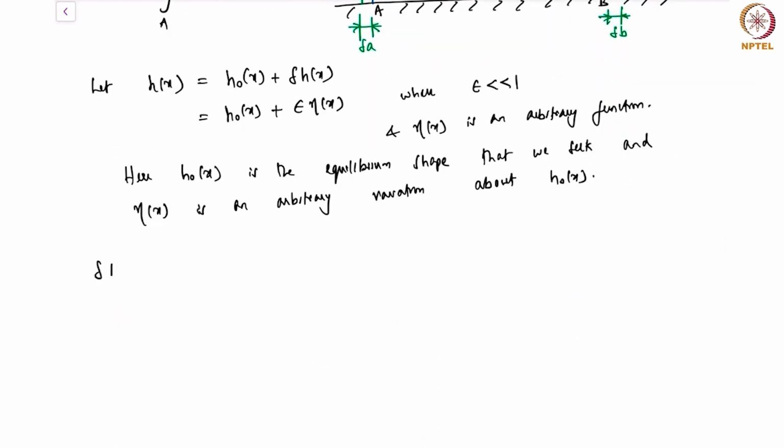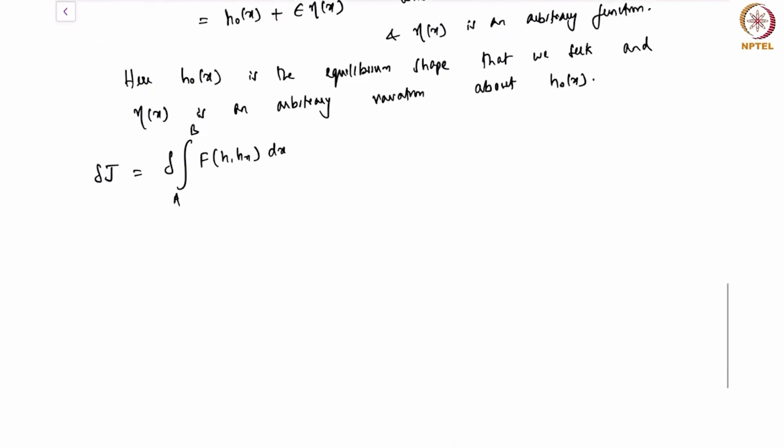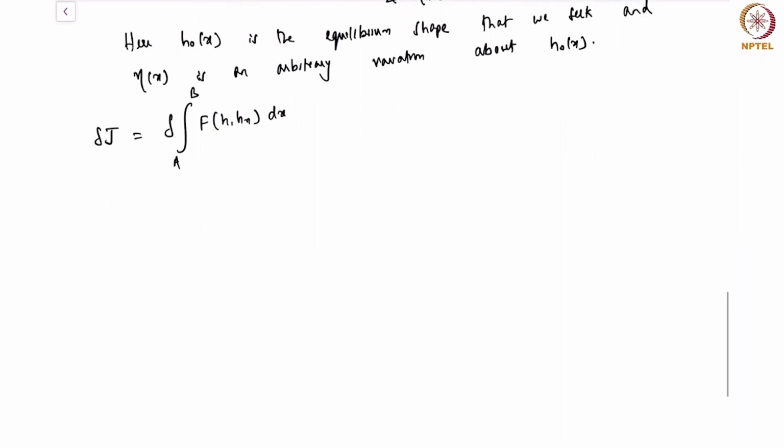So the variation in delta J is nothing but, let me write this down for completeness again, the integral from a to b of f of h, h_x dx. So this could be variation in the positions. If I just think of them as two separate functions, I can directly integrate them, and for a fixed f, I could have variations in the position.